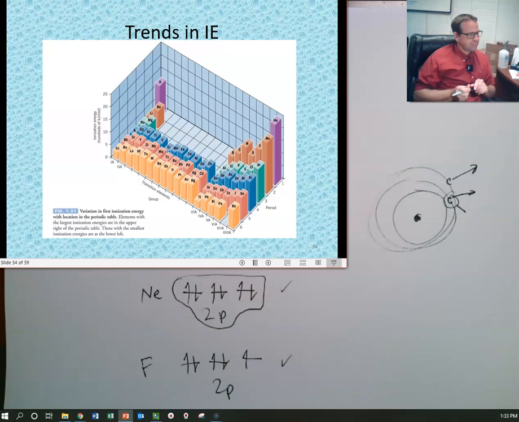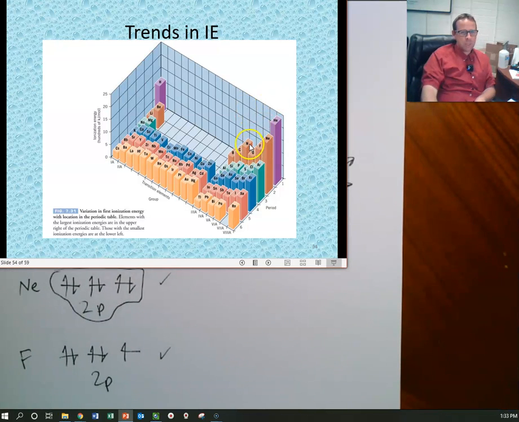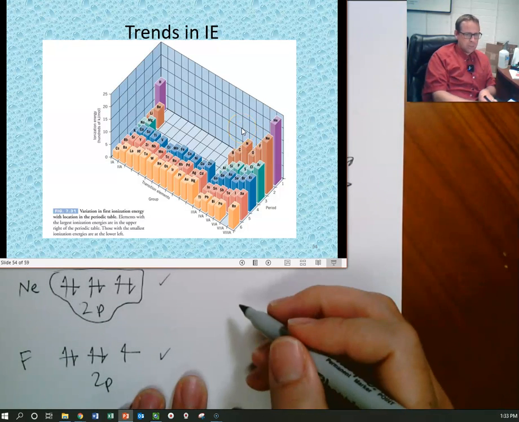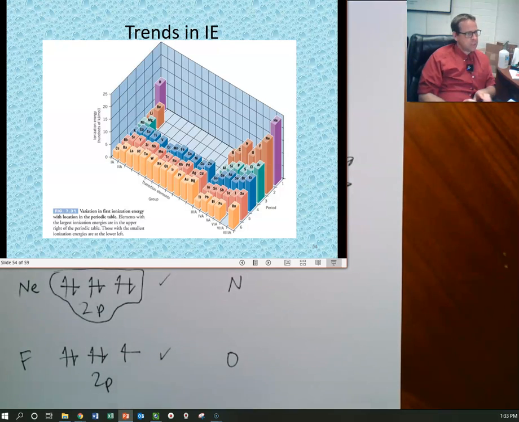Okay? So, Landon, it looks like it's your turn again. Why don't we try to answer the same question in terms of why there is a discrepancy between nitrogen and oxygen in the energy necessary to remove an electron? Why is it easier to remove an electron from oxygen than it is from nitrogen? And let's use our orbital diagram to answer that question.